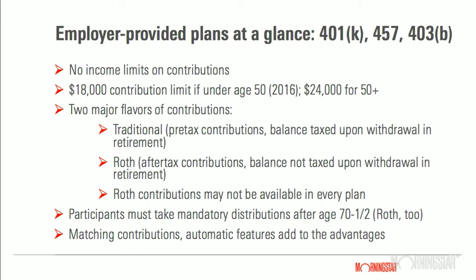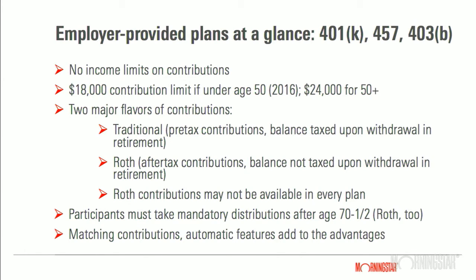The first would be the traditional tax-deferred option that we just talked about in my Emily illustration. So that would be money that is pre-tax, tax-deferred compounding, then ordinary income tax upon withdrawal. The other option that is enjoying increasing uptake among plans, in fact, roughly half of plans offer some sort of Roth option currently, is the Roth option for a 401k.